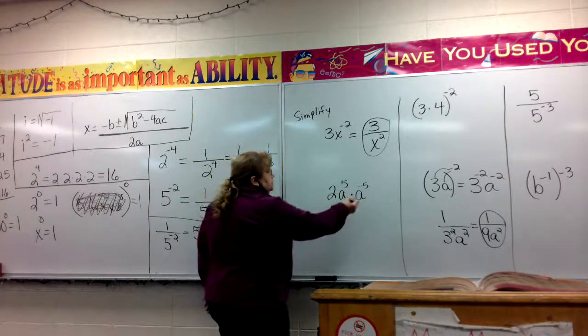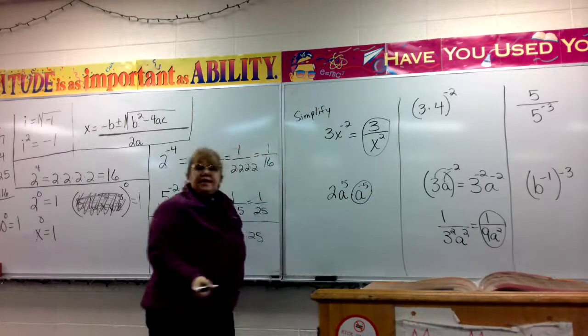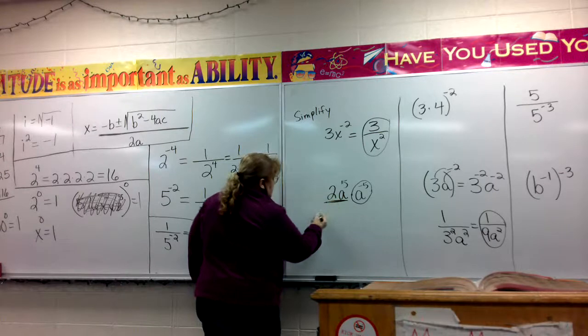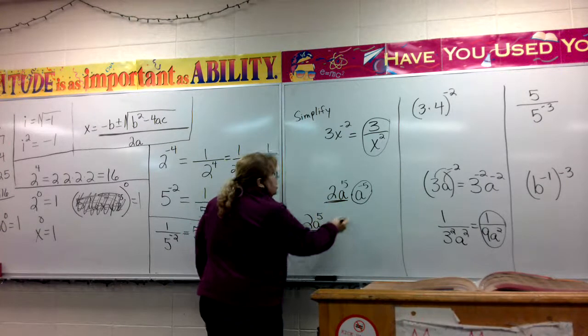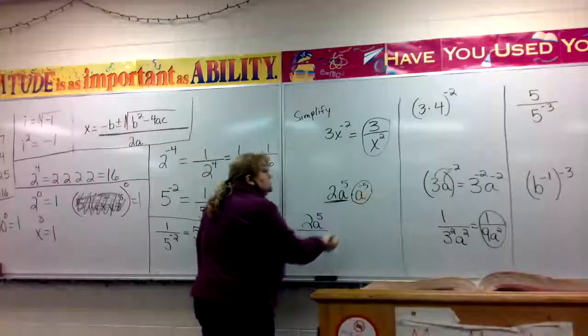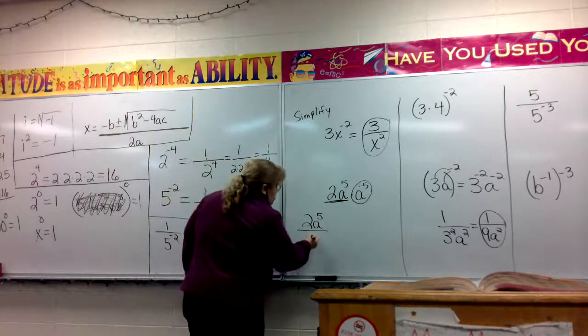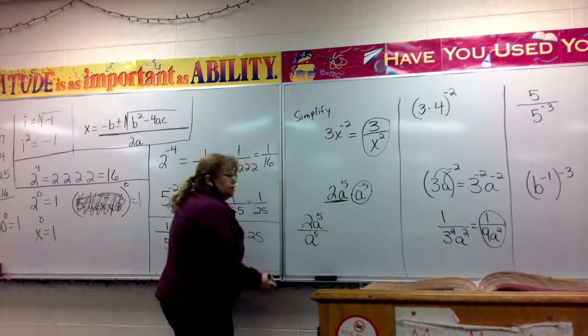How about this one? Only that one is a negative exponent. So we're going to leave these upstairs. And we're going to move this one down because it's negative, right? So we'll move it down and change the exponent to positive.